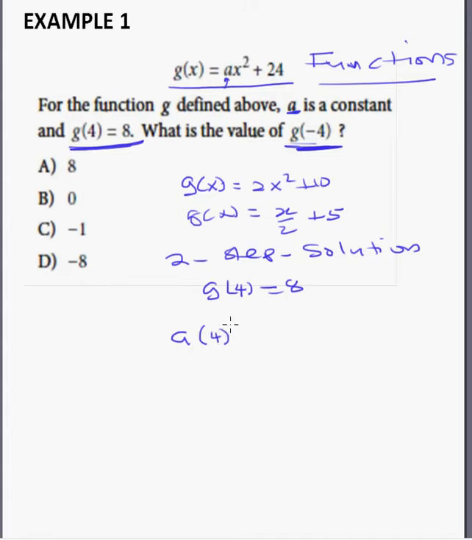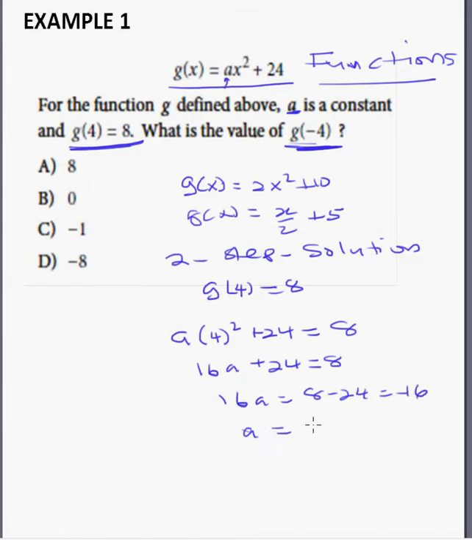Which means 16a plus 24 is equal to 8. I'm trying to find the value of a now. So 16a is equal to 8 minus 24, which is equal to minus 16. And therefore, a is equal to minus 16 over 16, which is equal to minus 1.